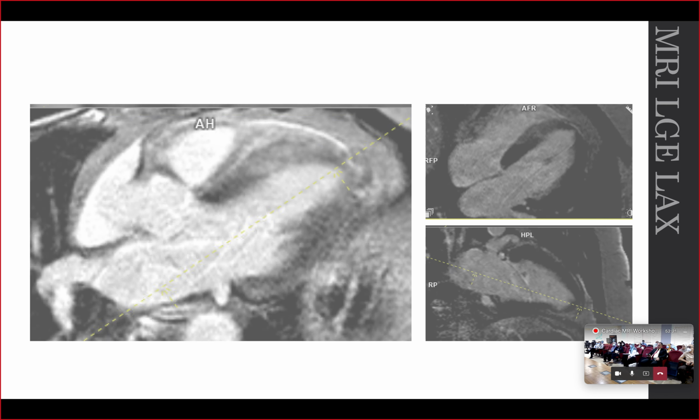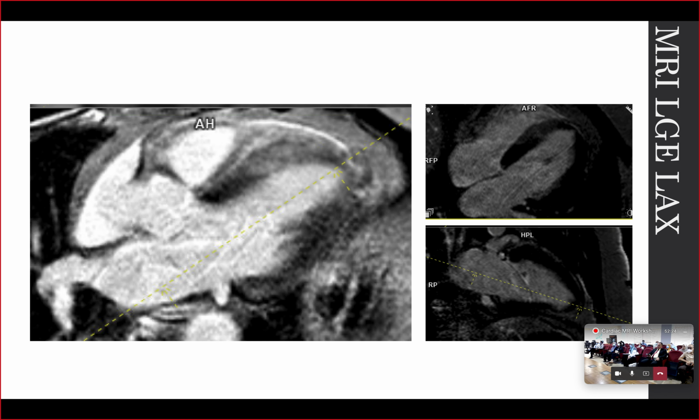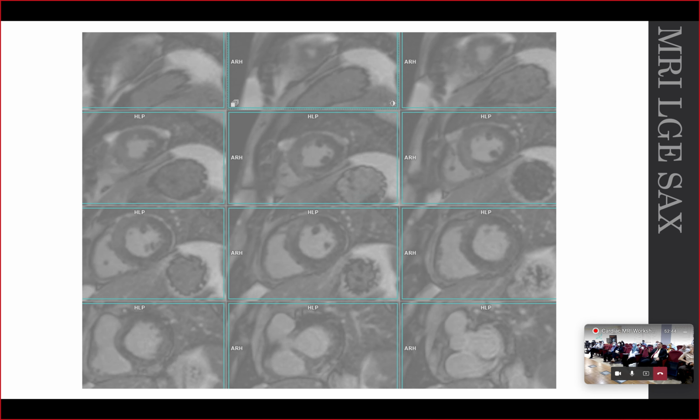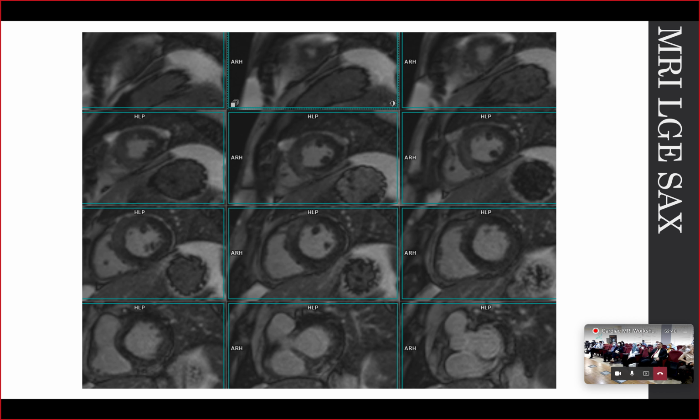Moving to the late enhancement. So we have the 3-chamber view on the left side panel and the long axis on the right side panel. Could you see any enhancement? Let's move to the short axis. Late gadolinium enhancement. Any kind of enhancement, and what type?